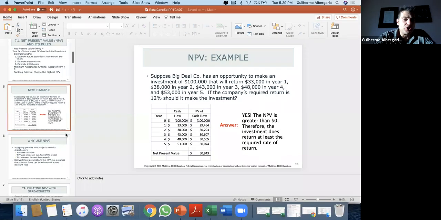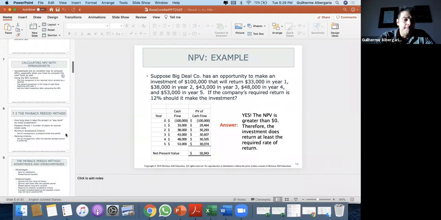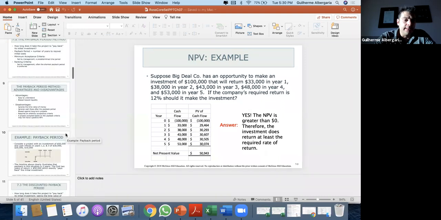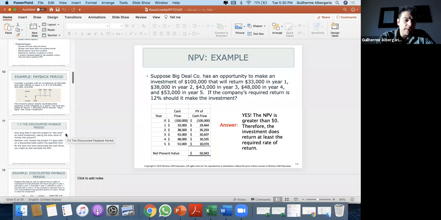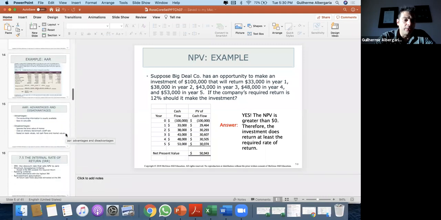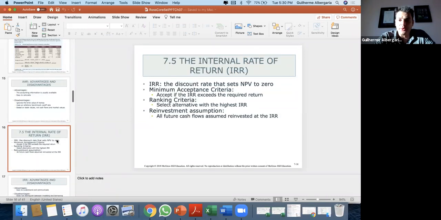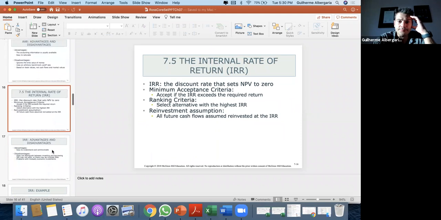I will also mention that it's very important to talk about the internal rate of return. The internal rate of return is the rate of return that makes NPV equal to 0, okay?